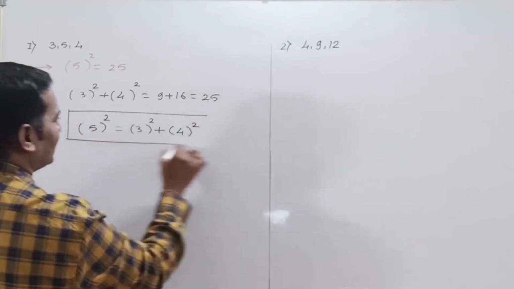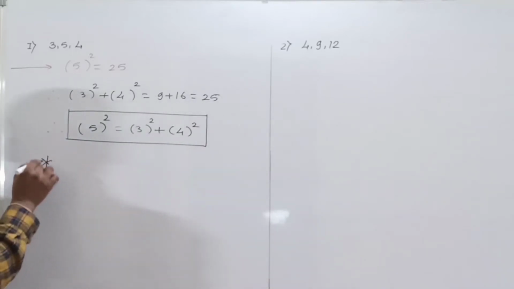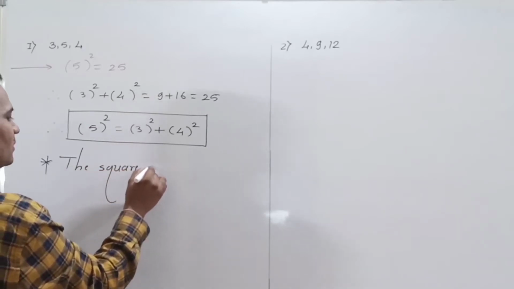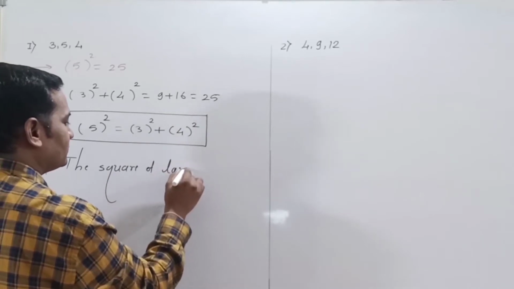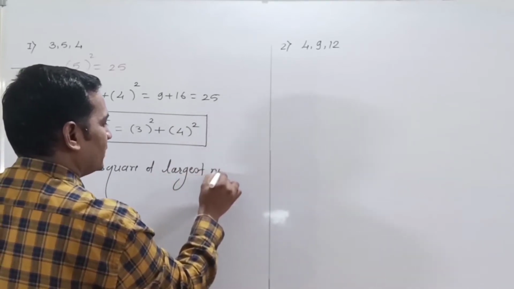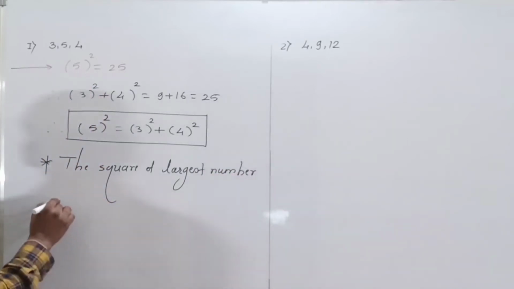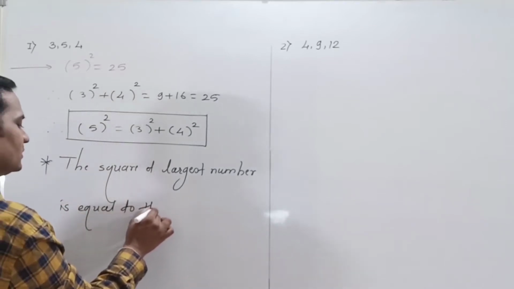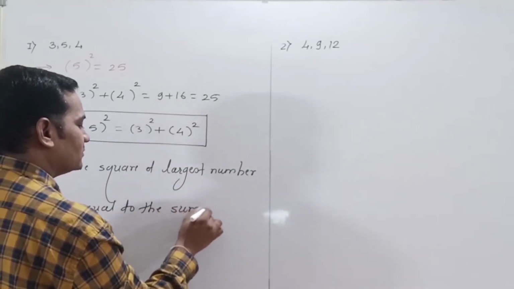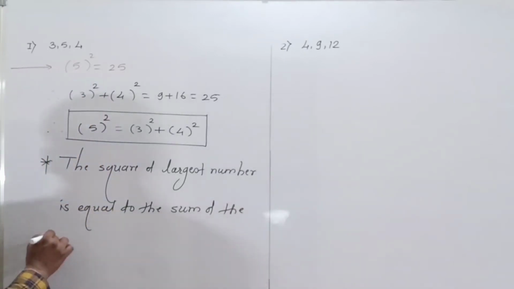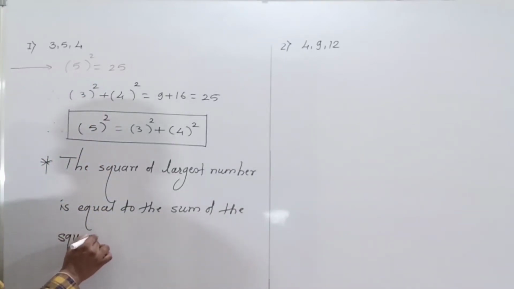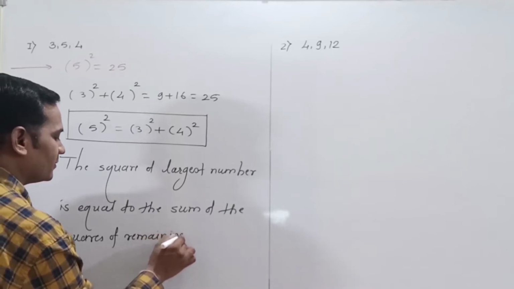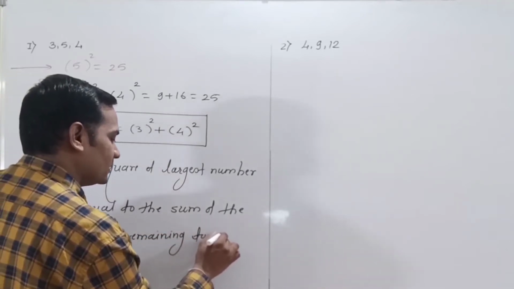We can write that in words also. We will write: the square of the largest number is equal to the sum of the squares of the remaining two numbers.